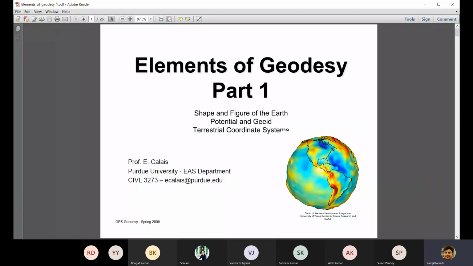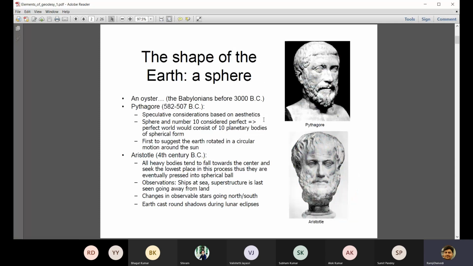Okay, so we were discussing the basic elements of geodesy, and in that we started by looking at how the development of the shape of the Earth has taken place.